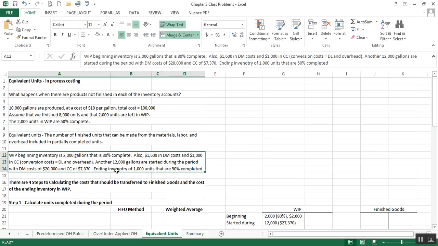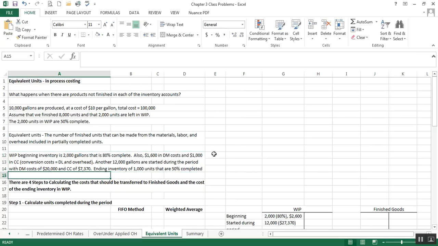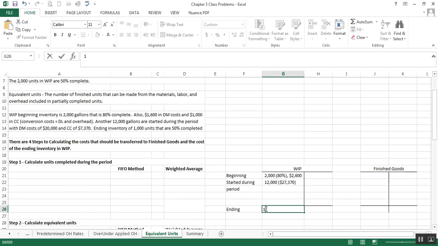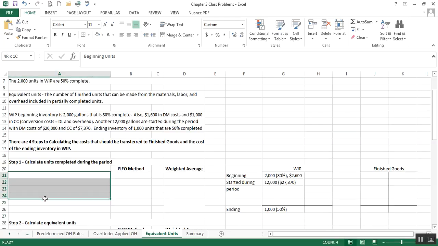I'm sorry, we have ending inventory here of 1,000 units that are 50% completed. So 1,000 units, 50% completed. Okay? So first we need to figure out how much we actually completed during the period that's going to be sent over to finished goods.